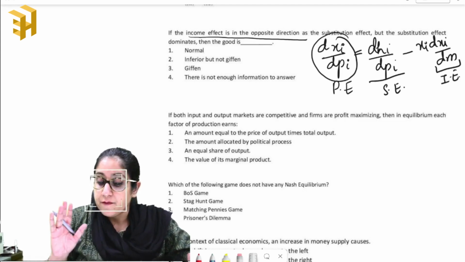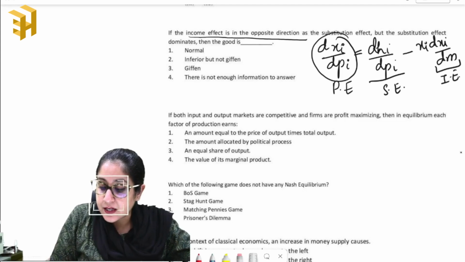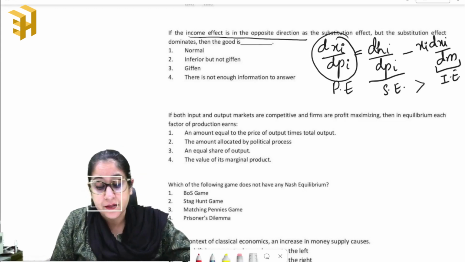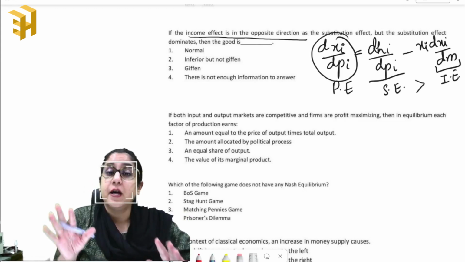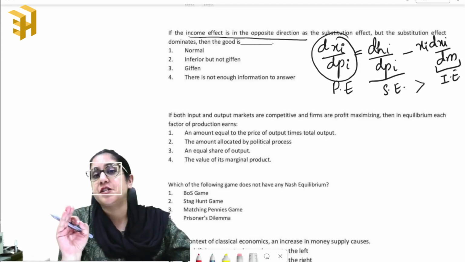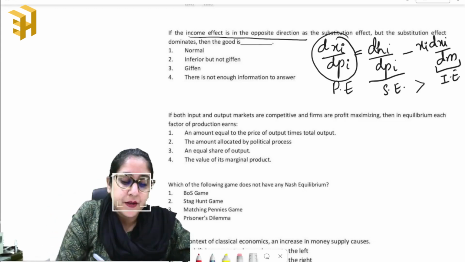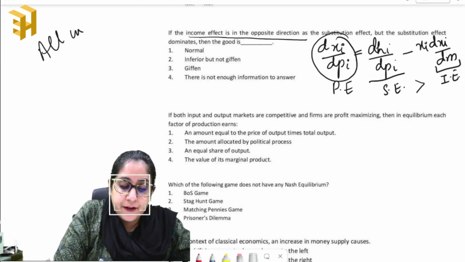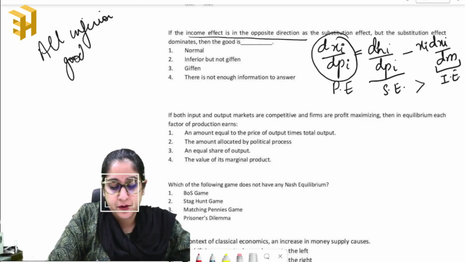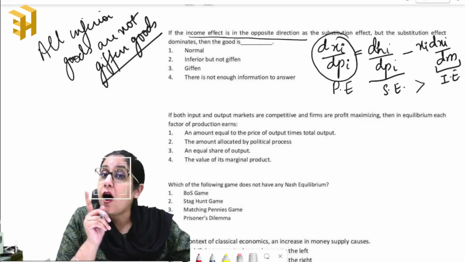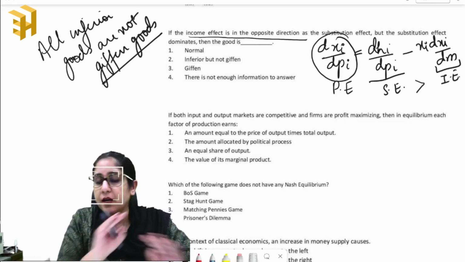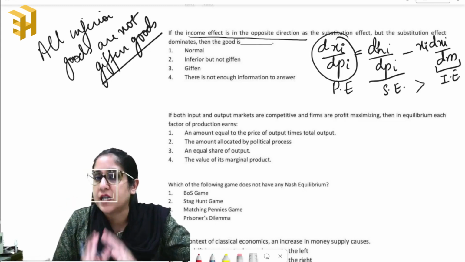Now when the substitution effect is greater than the income effect, then the good is inferior, but it is not Giffen. Please remember, it is clearly and explicitly mentioned in the study material that we provide that all Giffen goods are inferior goods, but not all inferior goods are Giffen goods.